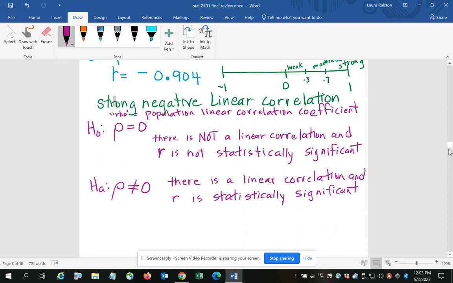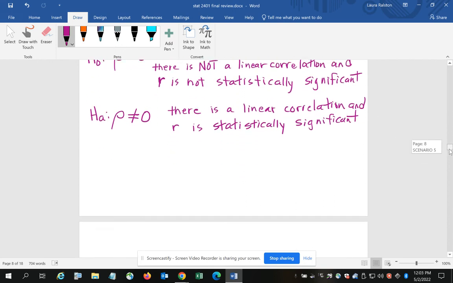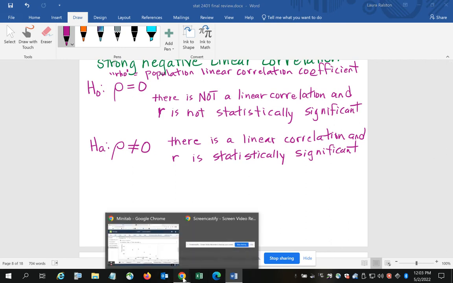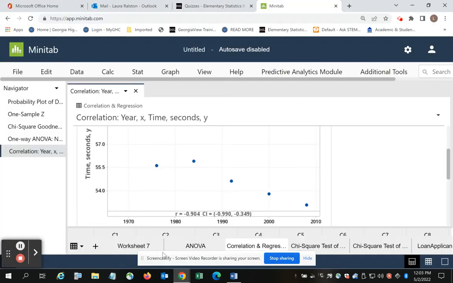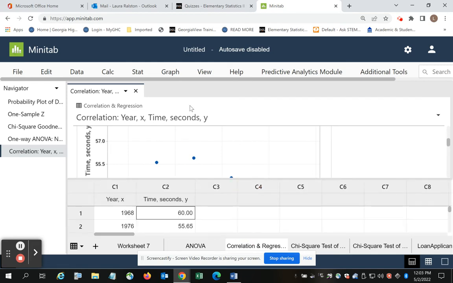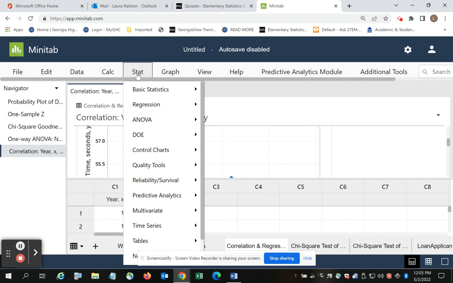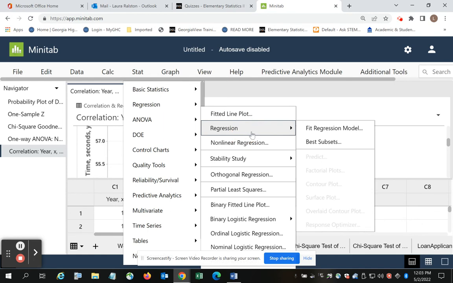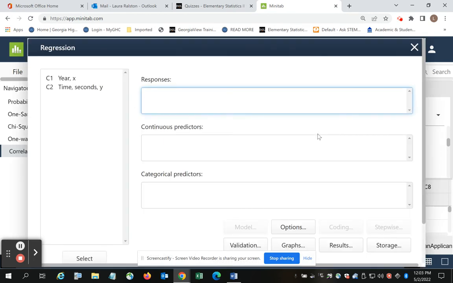So then we have to go out and run our hypothesis test and get our test statistic and our corresponding p-value. Again, I have the data already entered for correlation and regression. We go to Stat, Regression, Regression, Fit Regression Model.